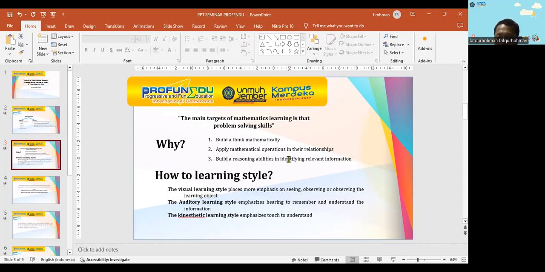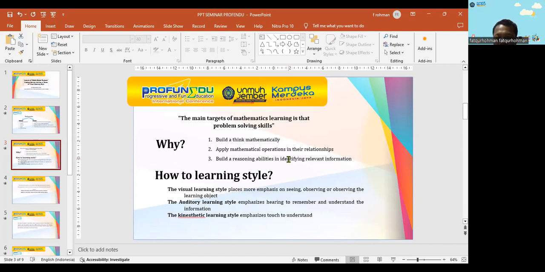So what is important in visual is observing, seeing, and objects. In the auditory learning style, students rely on hearing to remember and understand information.